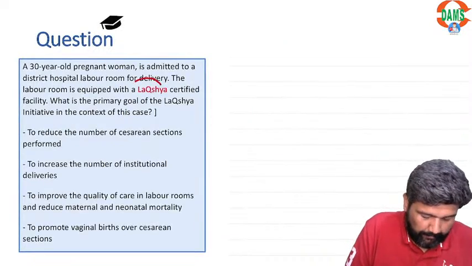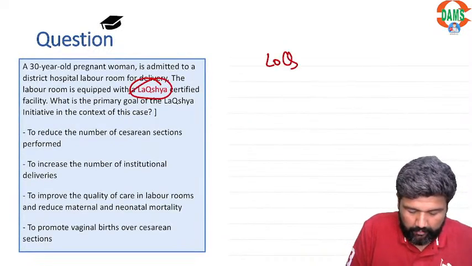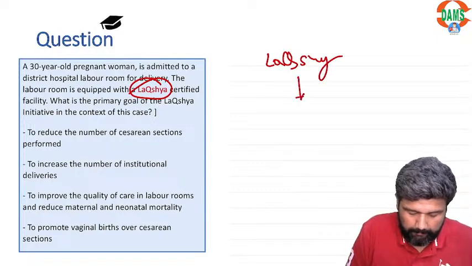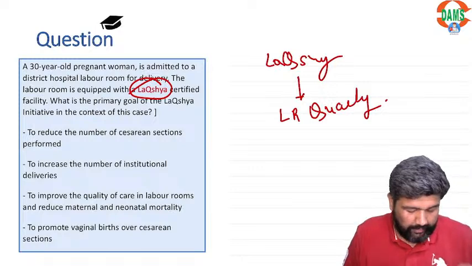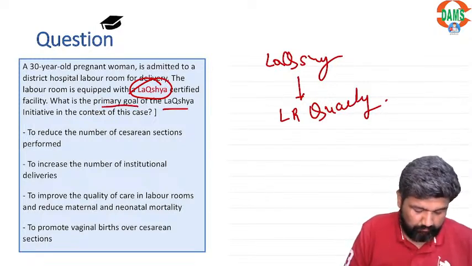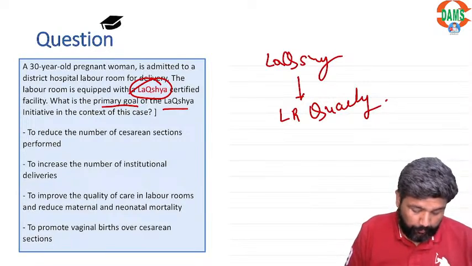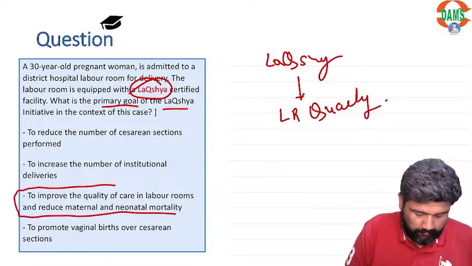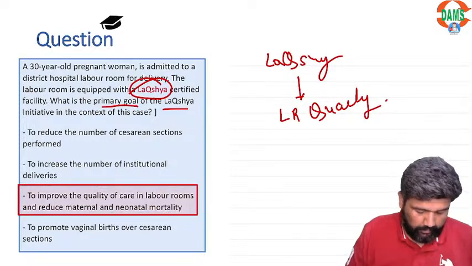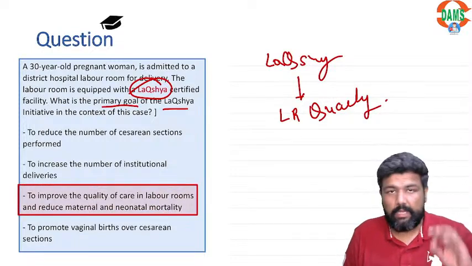Now, guys, Lakshya. The Lakshya is for labor room quality. So they are asking you the primary goal of Lakshya: to reduce the number of cesarean, to increase institutional delivery, or to improve quality care of labor room. To improve quality care of labor room.